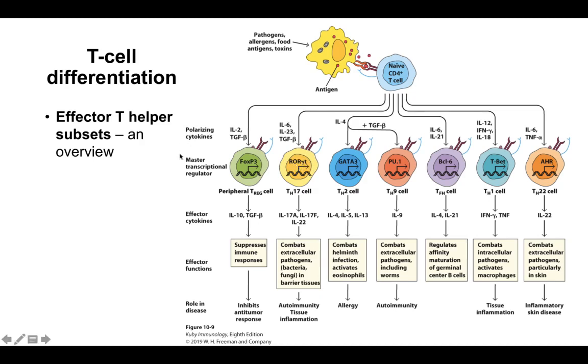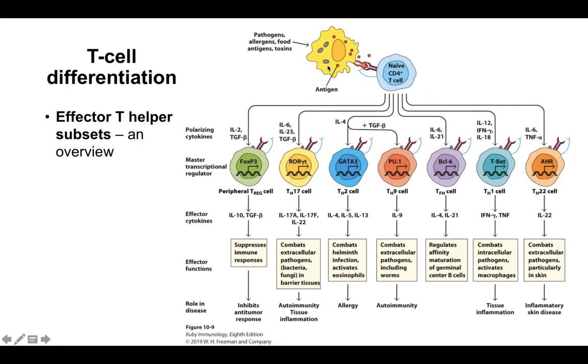In the Treg cell, these natural Tregs, or these induced peripheral Tregs, a common transcription factor in them is FOXP3. So we can identify Tregs as having, most often, FOXP3 expressed quite high.